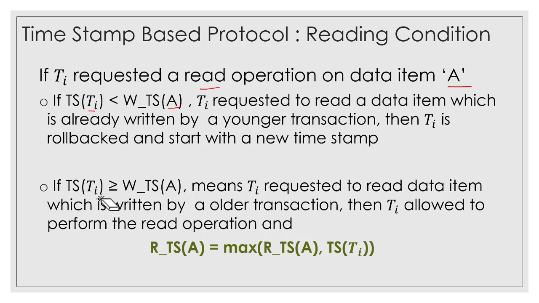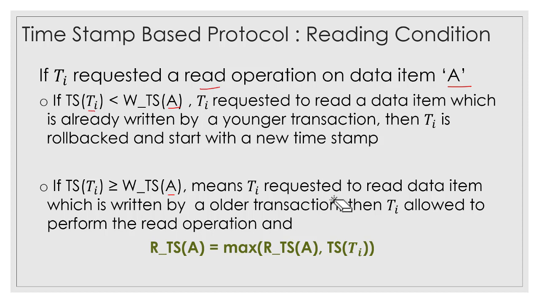The other possible condition is that the timestamp of transaction Ti is greater than or equal to the write timestamp of the data item A, and Ti requested a read operation on data item A. This means Ti requested to read a data item which is written by an older transaction.